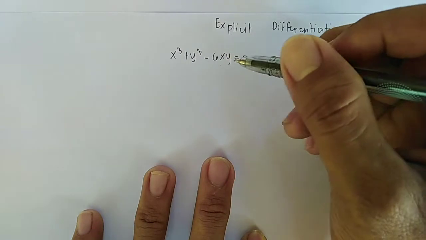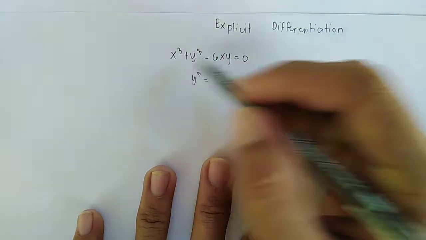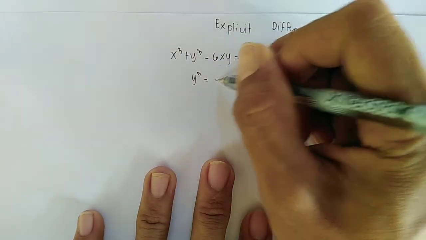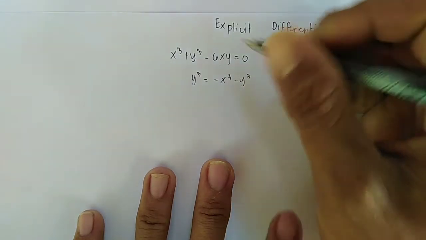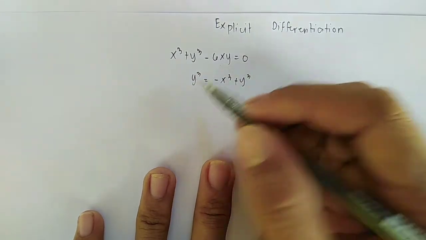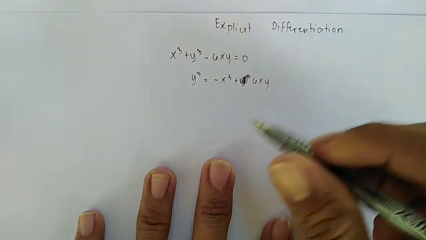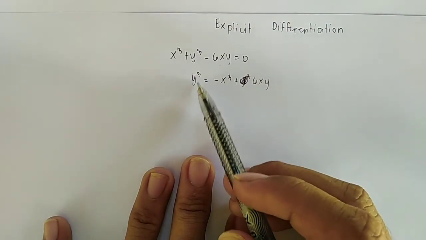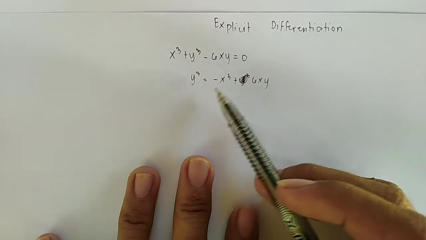So you will get y cubed equals, transferring all terms to the right side, negative x cubed plus 6xy. We retain y cubed in the left side, since our purpose here is to express the equation in terms of y.